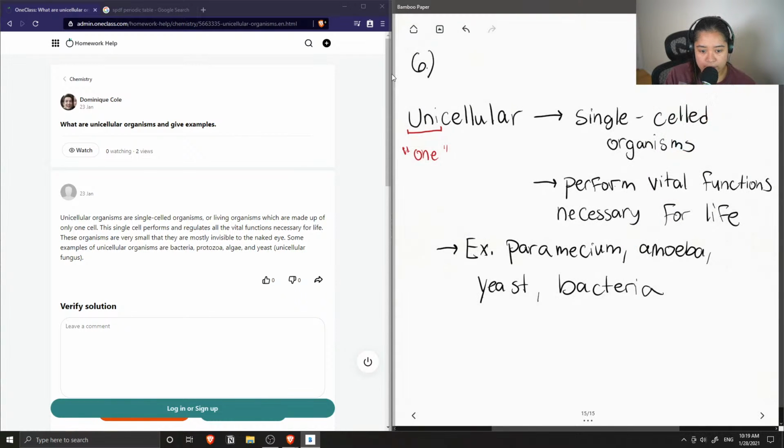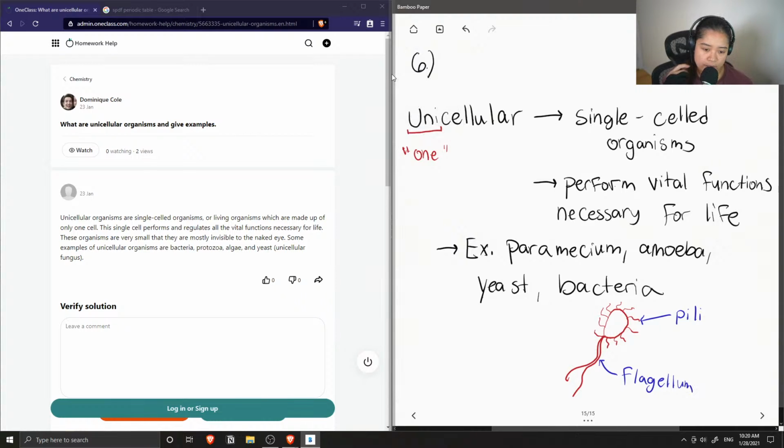Let's try to sketch out a bacteria cell. So these thin like hair looking strands are known as pili. And then the tail of the bacteria is the flagellum.